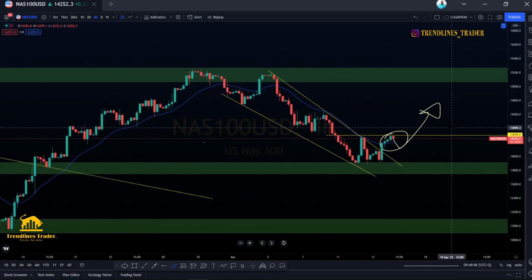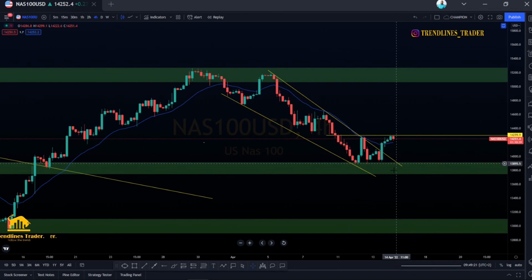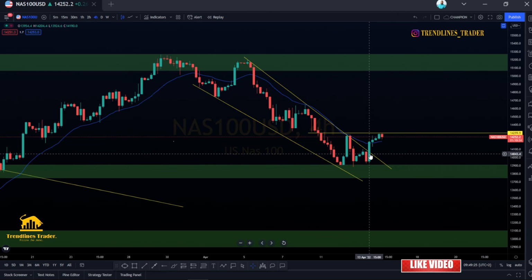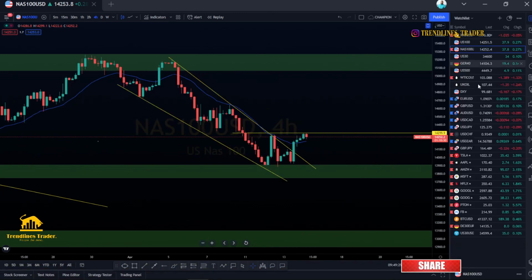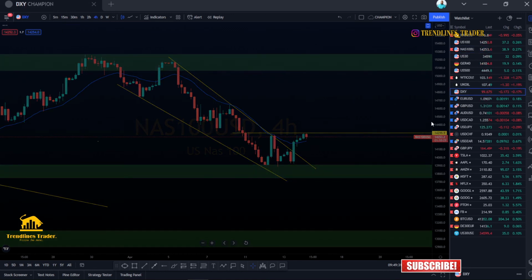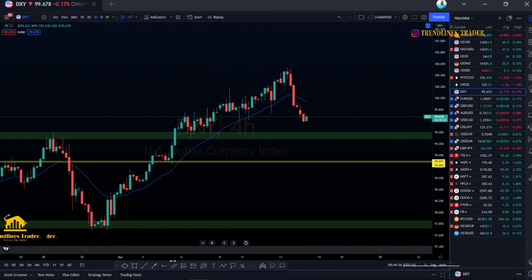As you can see, our price here is pushing towards the upside. Do you see that? Our Nasdaq is pushing towards the upside now, yet we had our DXY pushing towards the downside. I hope this makes sense.